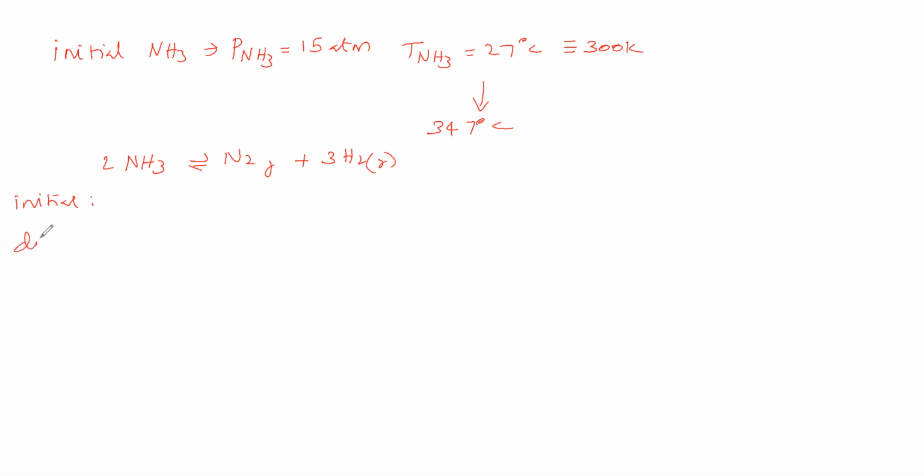We have taken ammonia only initially; we have not taken N2 and H2. This ammonia is dissociated, therefore it comes to equilibrium. At equilibrium, ammonia is present, N2 is present, H2 is present.